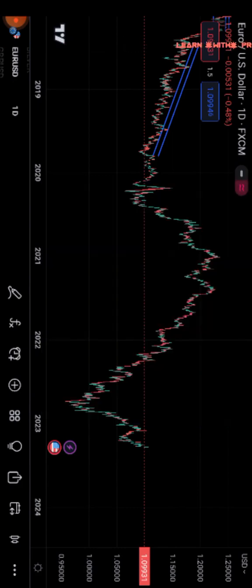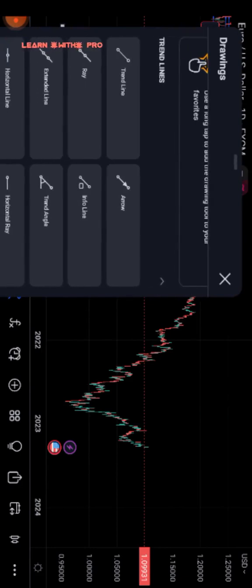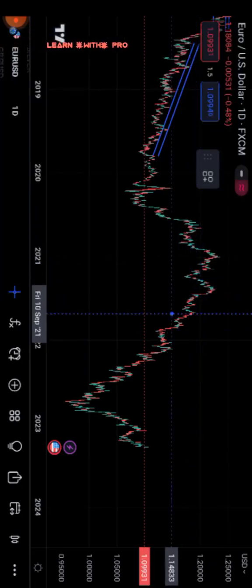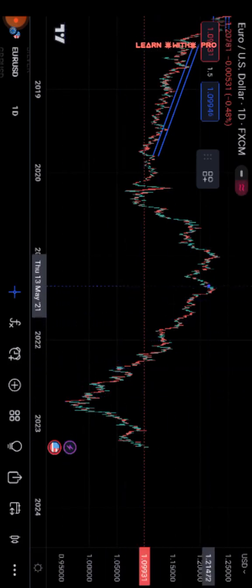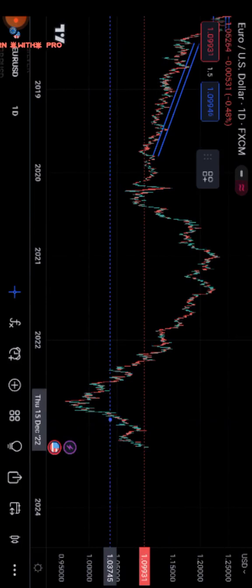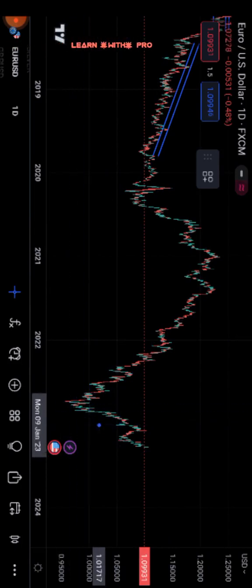You can see that during this area, USD was in a downtrend. Now this is a new trend and it's in an uptrend, right? Because the market is going up.